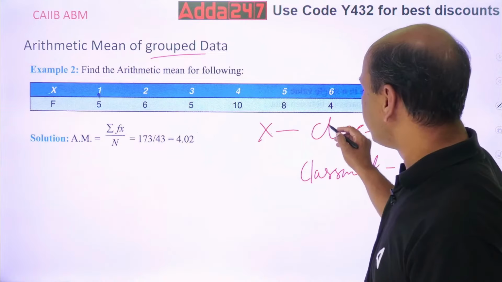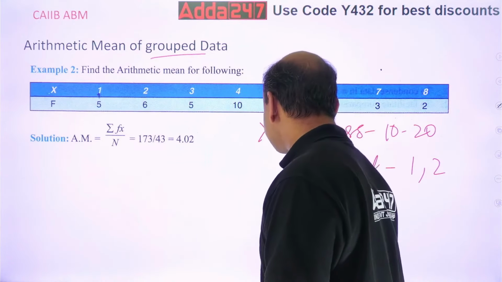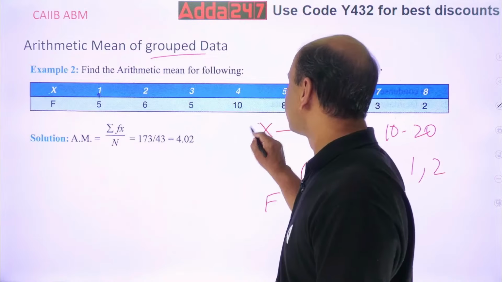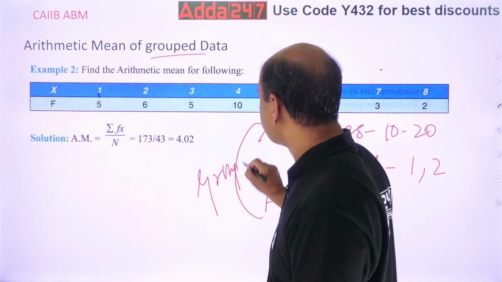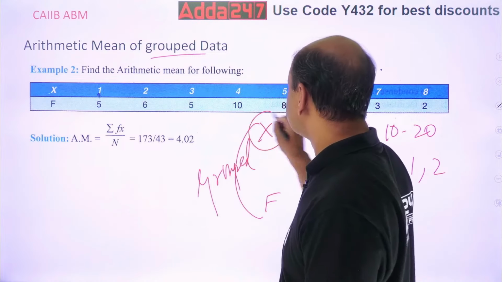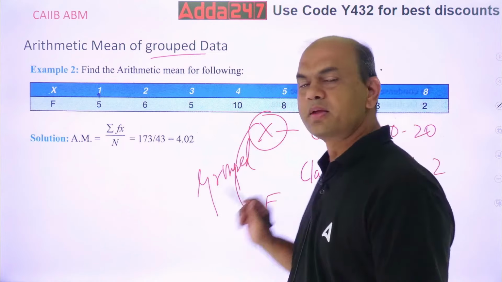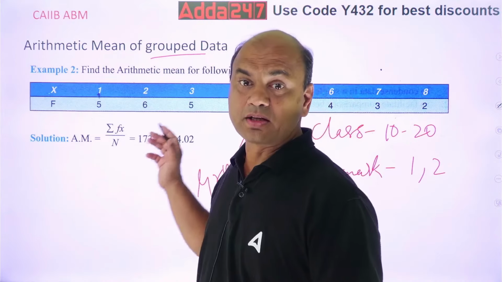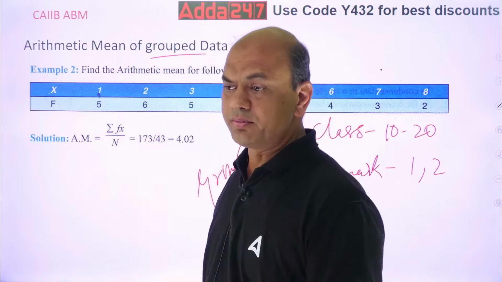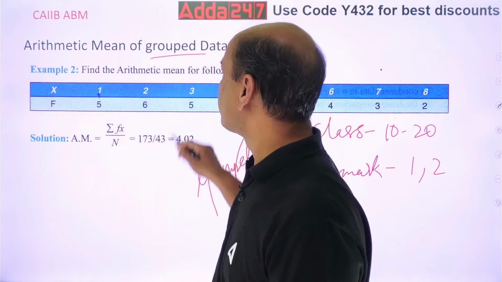So if you have X and F frequency also, then this together is called grouped data. If you have only X, single X, no F, then it's called ungrouped data. So this is the group data. Now this group data, you have to find the mean.